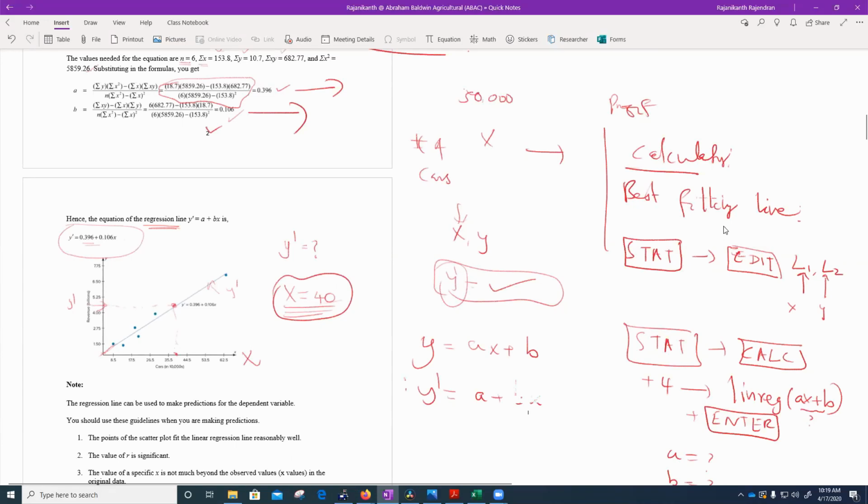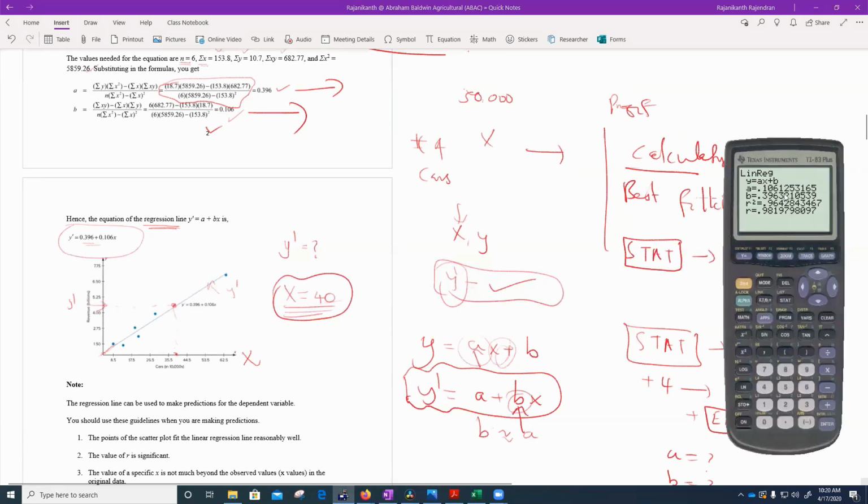So b is literally the calculator's a. Here b is the coefficient of x, but in the calculator, the coefficient of x is a. So my b value in this formula is actually the a in your calculator. Make sure you switch those two values to find a and b here.